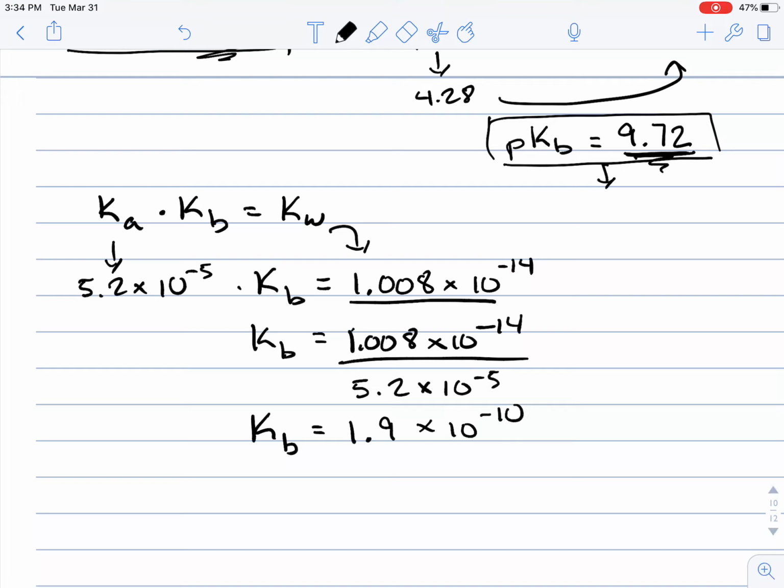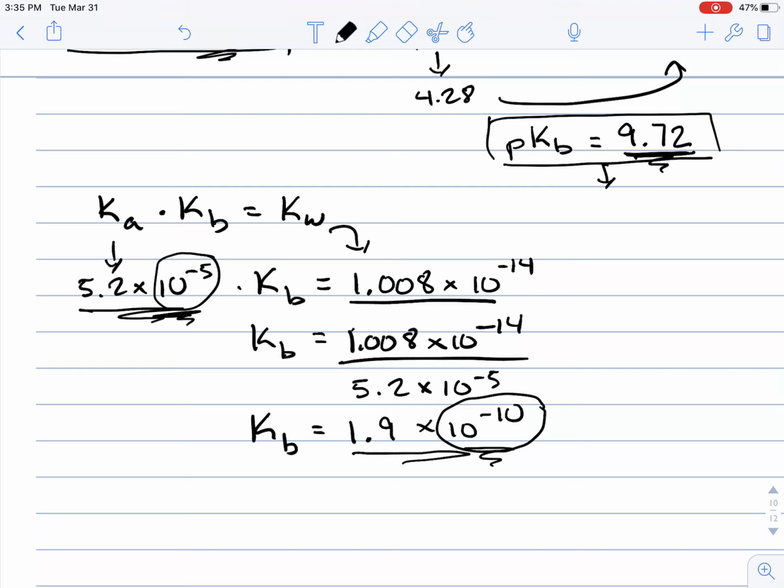Okay. And once again, if you compare the magnitude of our Ka and our Kb, notice that 10 to the negative 5 is closer to 0 compared to times 10 to the negative 10. So since our Ka is much greater than our Kb, we know that this compound is going to be much more acidic than it is basic.